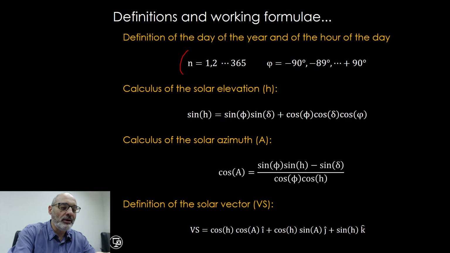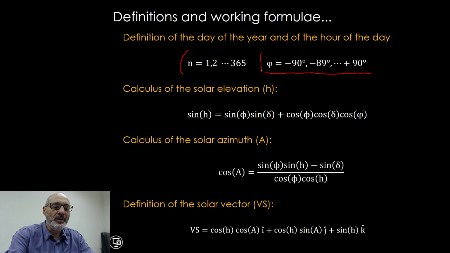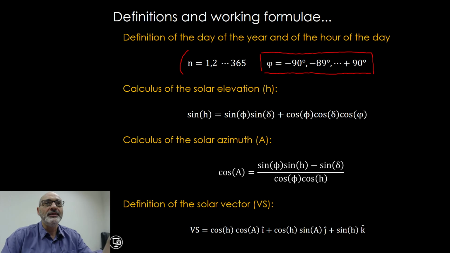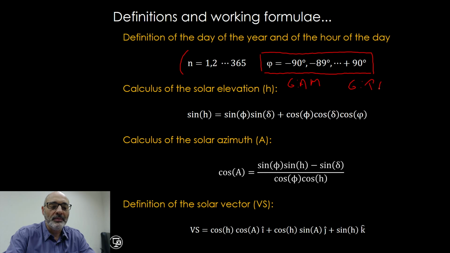So we already know how to calculate the day of the year. The hour of the day is much simpler because, as I mentioned, minus 90 degrees means 6 a.m., and plus 90 degrees means 6 p.m., 6 in the morning and 6 in the afternoon.